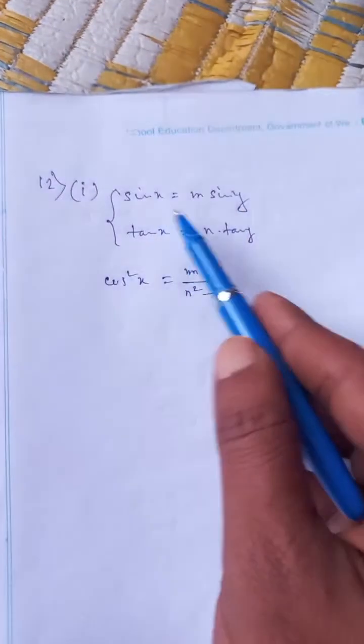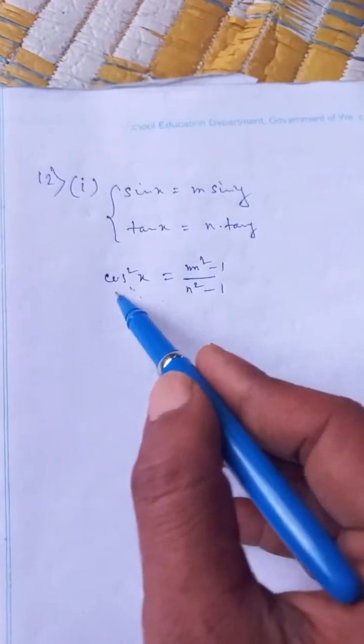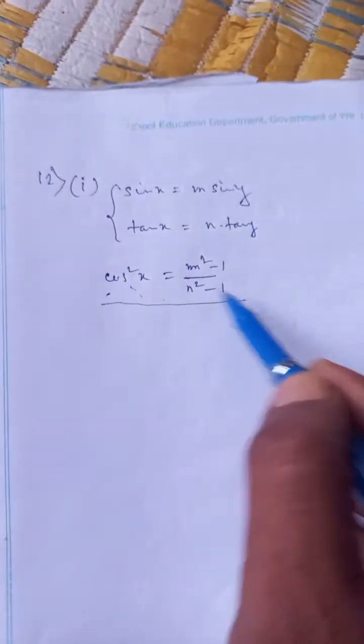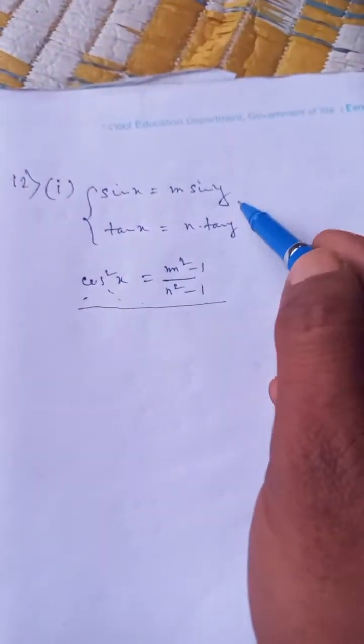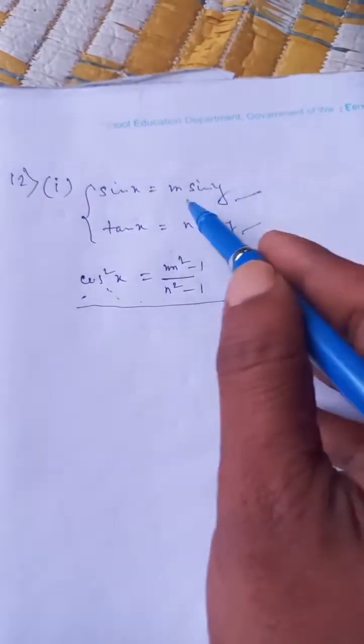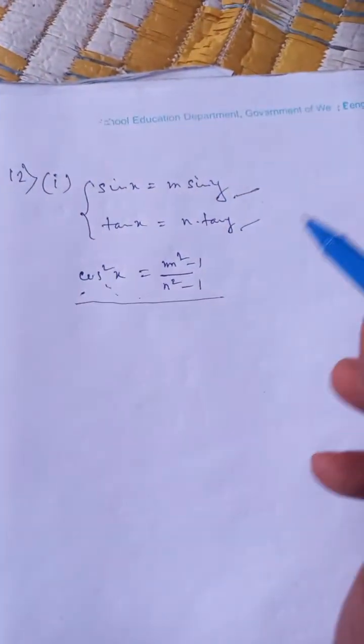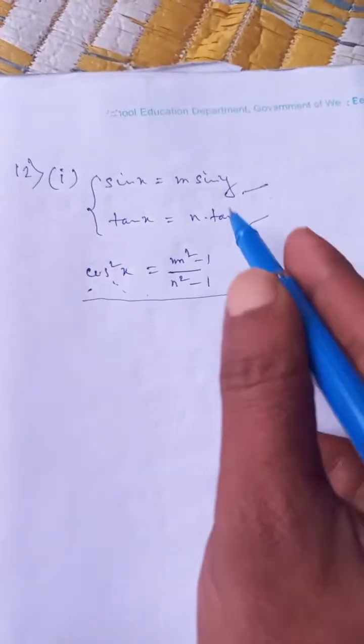We can look at this in this proof. There is no y in the result, means we have to eliminate y from the two given equations. So how can we replace this?